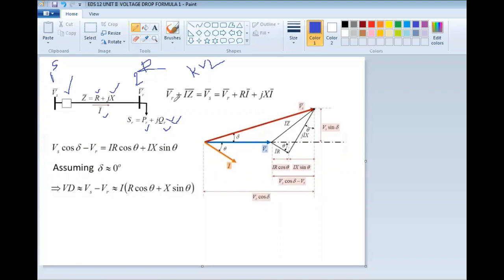So VR bar plus I into Z bar equal to Vs. Z is nothing but R plus JX, so multiplying I with the resistance and reactance, you get R I bar plus J X I bar. So Vs equals VR plus the resistance drop and the reactive drop.